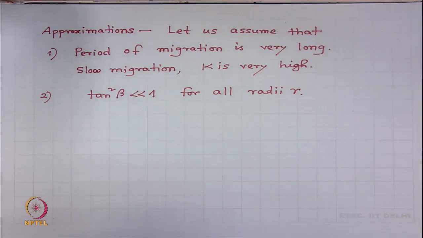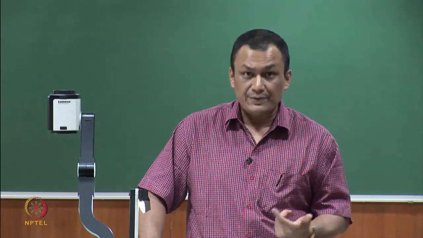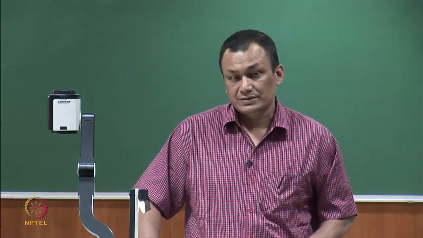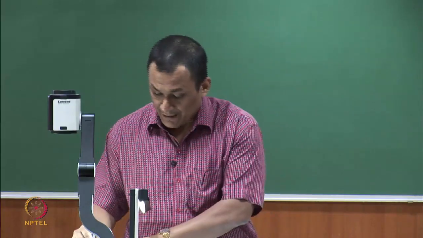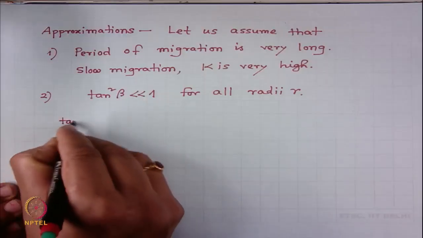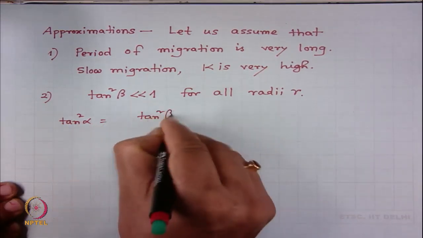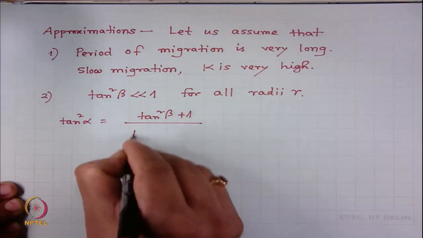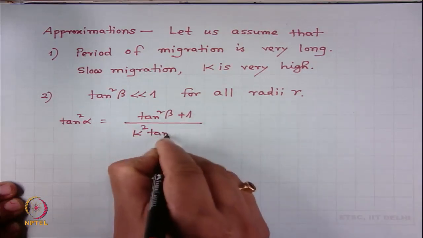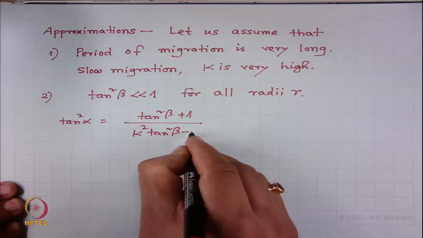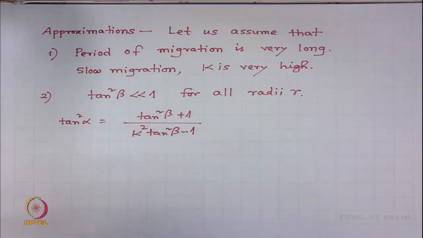So, we here introduce two approximations and we would like to know what is the implication of these approximations. We come back to the original fundamental equation, tan square alpha is equal to tan square beta plus 1 over k square tan square beta minus 1. Tan square beta plus 1 is sec square beta.